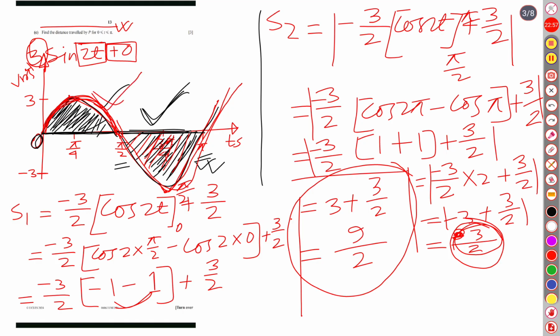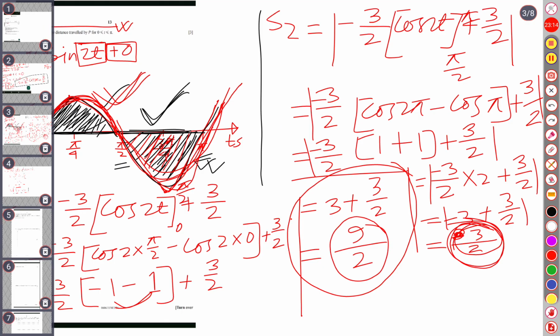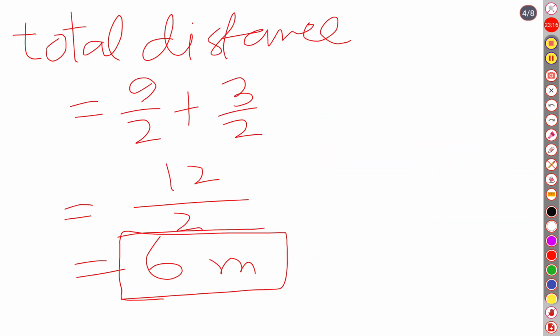The value above the x-axis is always positive, and the value below the x-axis is negative, and we require positive values. That's why we have added 9 over 2 plus 3 over 2, and ultimately we have got our total distance traveled is 6 meters. I think all the confusions have been clarified so far.